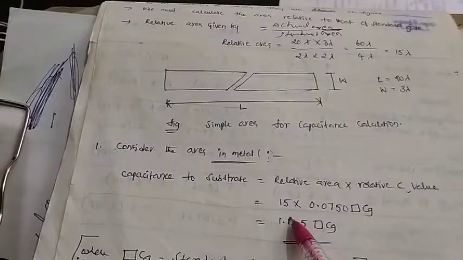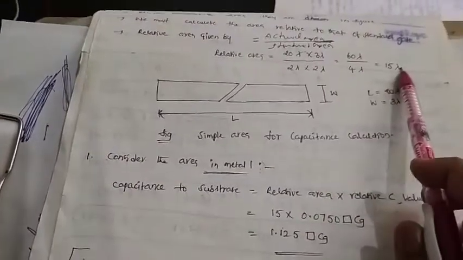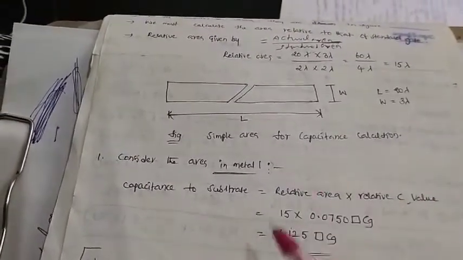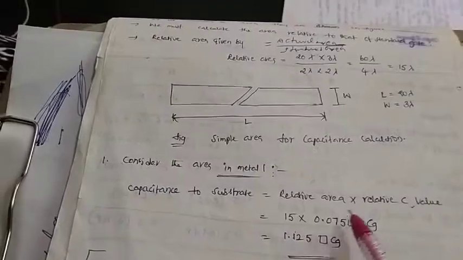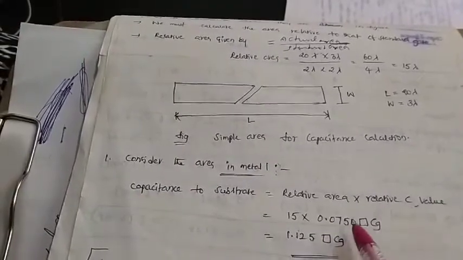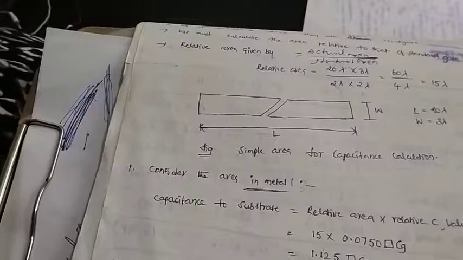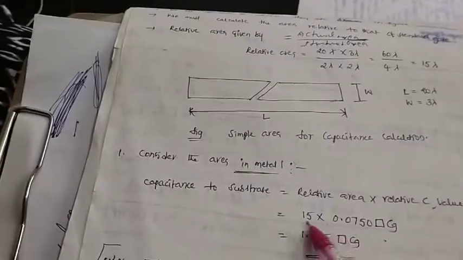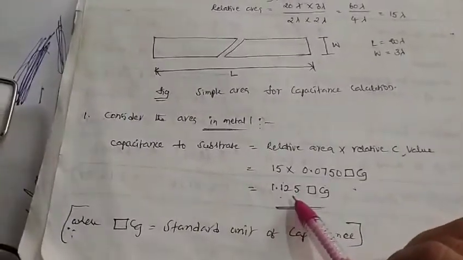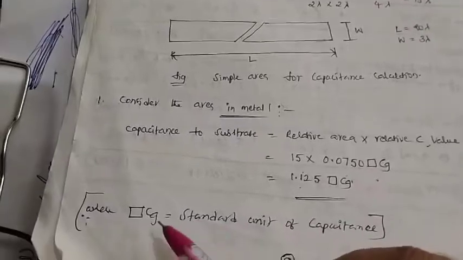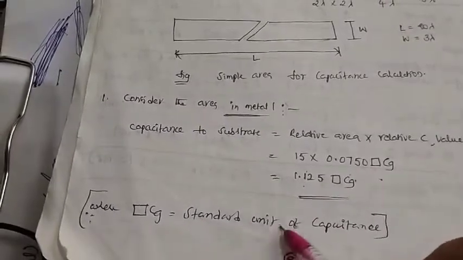The relative area is 15, so it is 15 into the relative capacitance value 0.075. If we simplify this, we get 1.125. This is in standard units of capacitance.